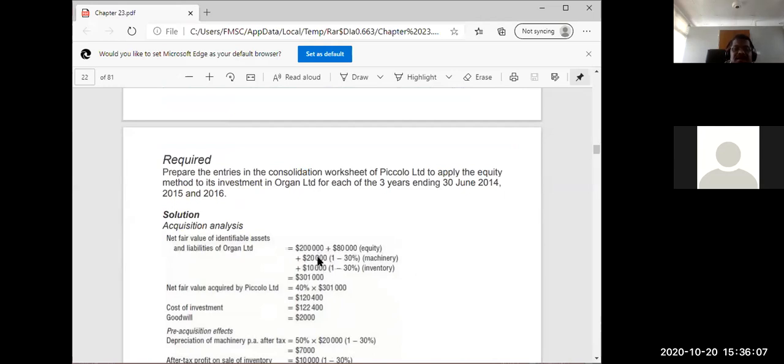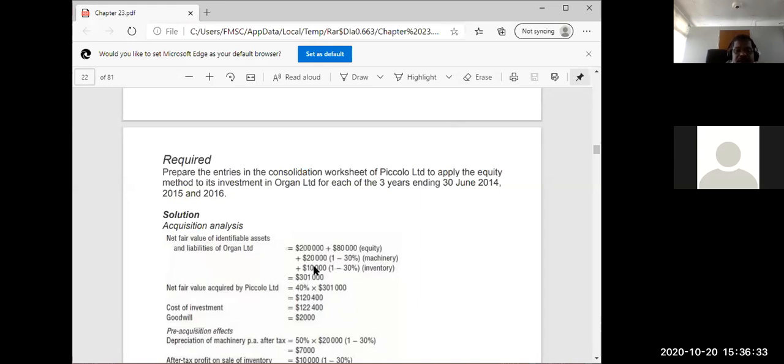That means the fair value increase. So 1 minus 30% is the tax percentage. So thereby total equity of this question is 301 and you take 40%. When you take 40%, 120,400 is the value of the net assets acquired by the investor.